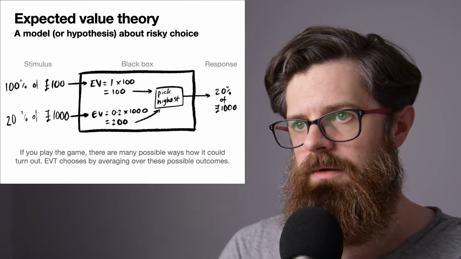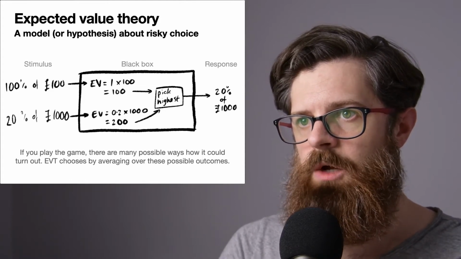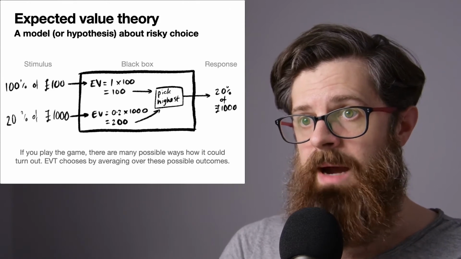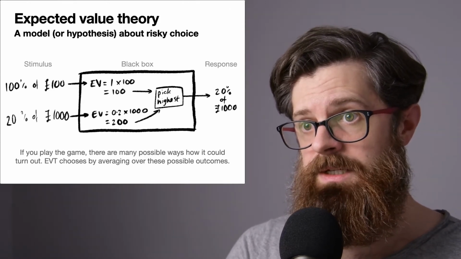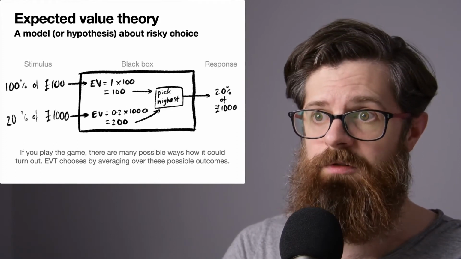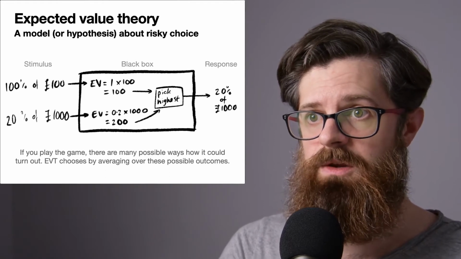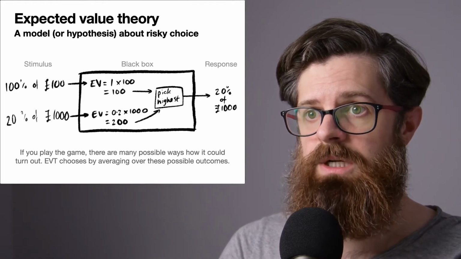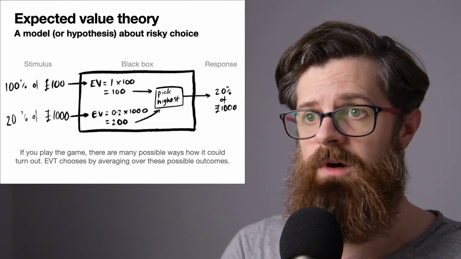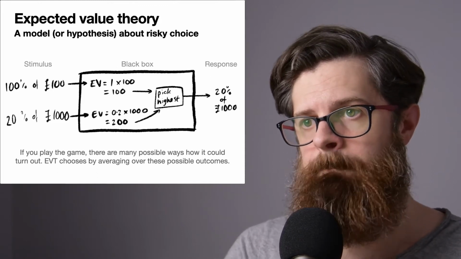Now, in this situation, expected value theory would propose that you evaluate the expected amount of money, the expected value of each of the choices that you have, and then pick whichever choice gives you the highest expected value.